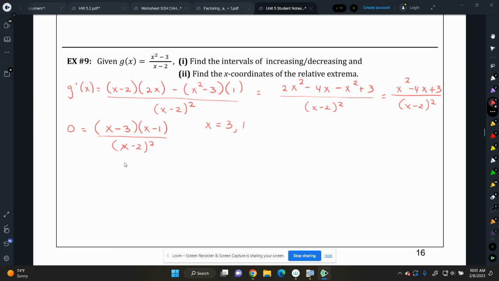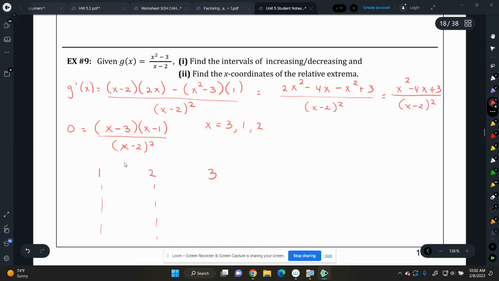But we also have to include the critical point of what? 2, because g prime is undefined there. So I have to also include the 2. So now when I make my table, I'm going to do 1, 2, and 3.